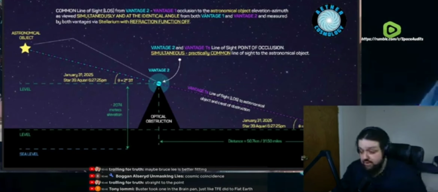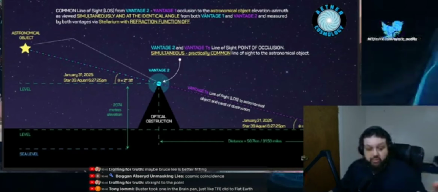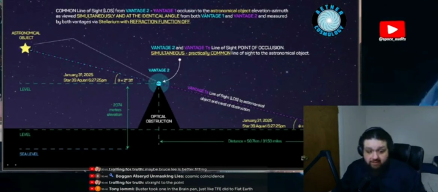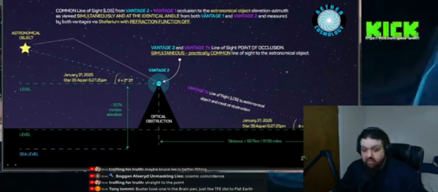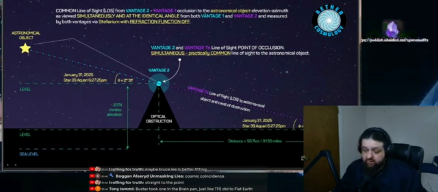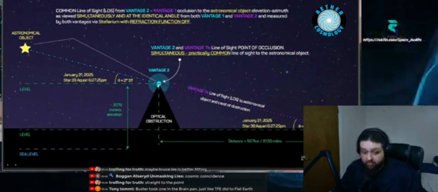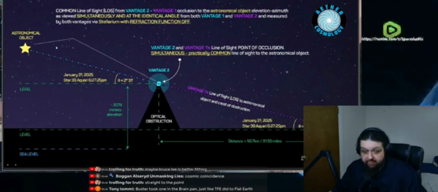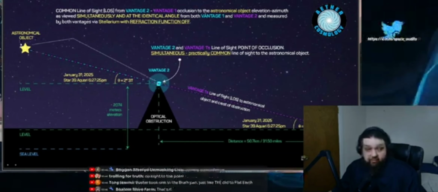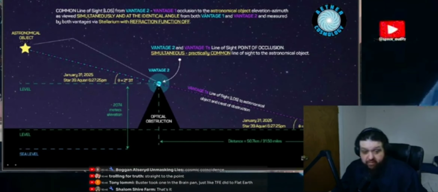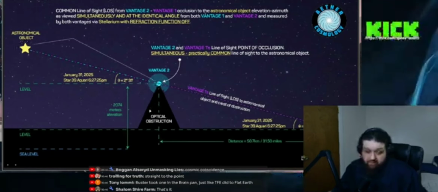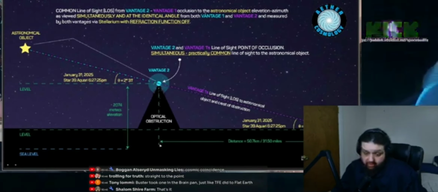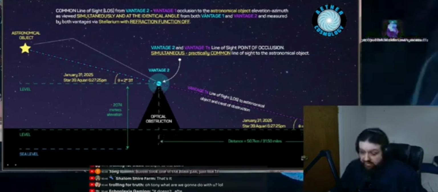And then coincidentally, the so-called true position of this star intersects at that peak at the same time, at that same angle. And suddenly the observer 50.7 kilometers away can't see the starlight anymore. So we know that whatever the star is, it's being physically occluded at that time by a physical object that corresponds to a specific elevation angle that also corresponds to a specific distance to derive that angle.